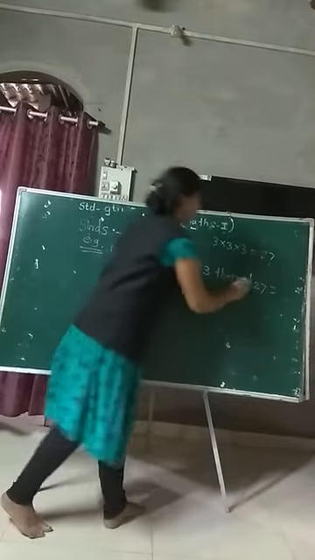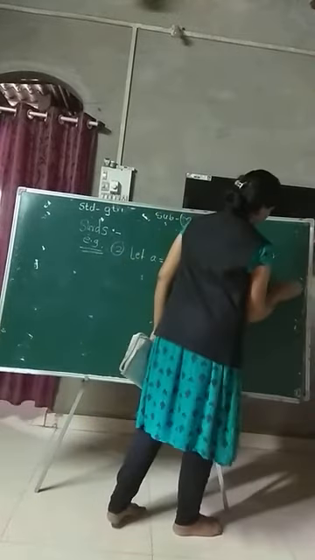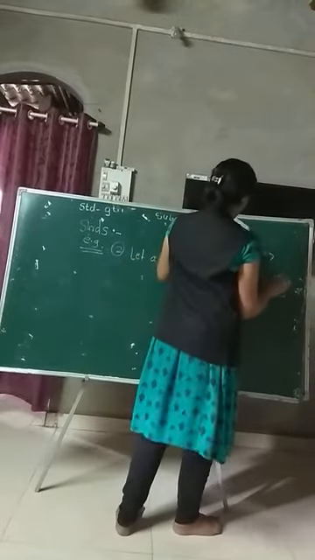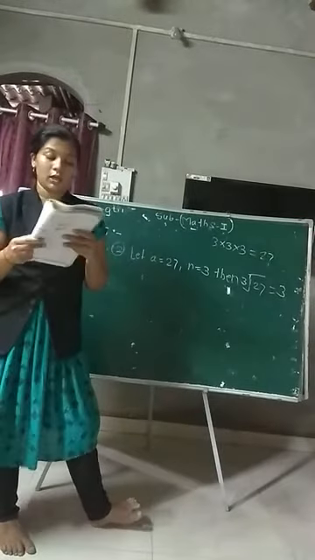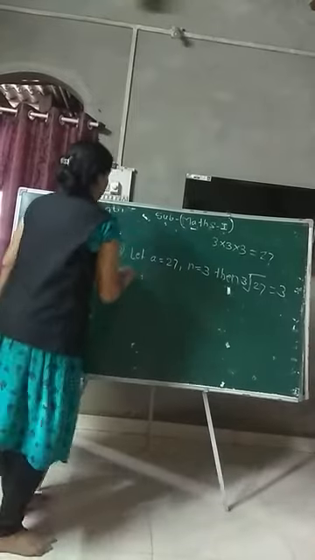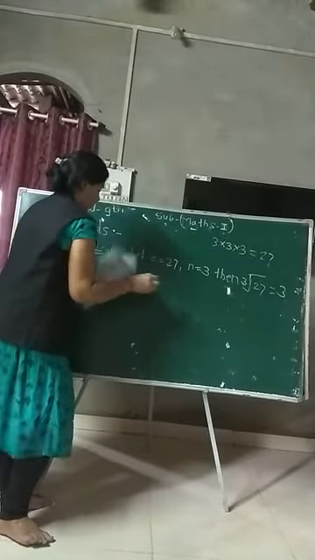So cube root of 27 is 3, and 3 is not an irrational number.